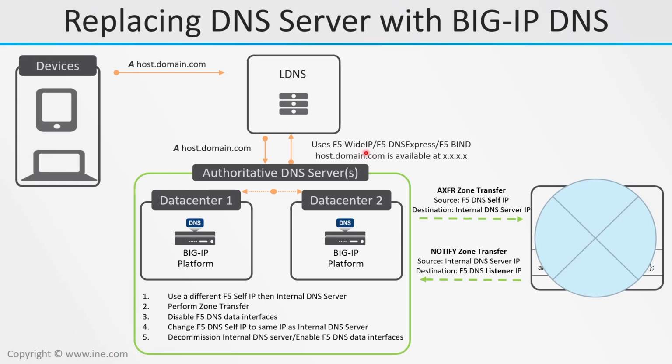So if you've got a static wide IP set, it'll use that information first. You could use F5 DNS Express, which is something you can achieve in memory to give a much faster DNS response, or you could use F5 BIND. So then the LDNS gets that information back and sends it to the client.